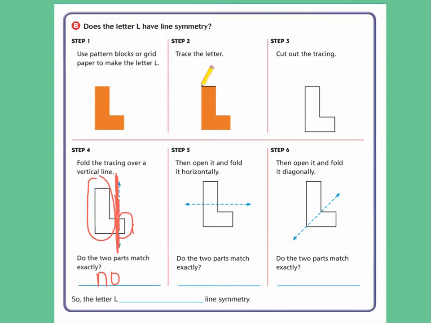What if we draw a horizontal? Horizontal meaning go left to right. If I draw a horizontal line, if I were to fold this top portion over, yes, that would fit on top of this section. But you can see right here we have this little edge that juts out.